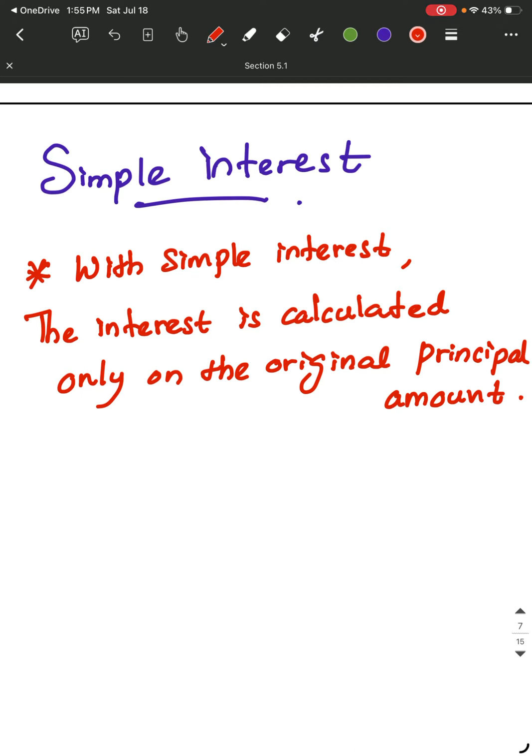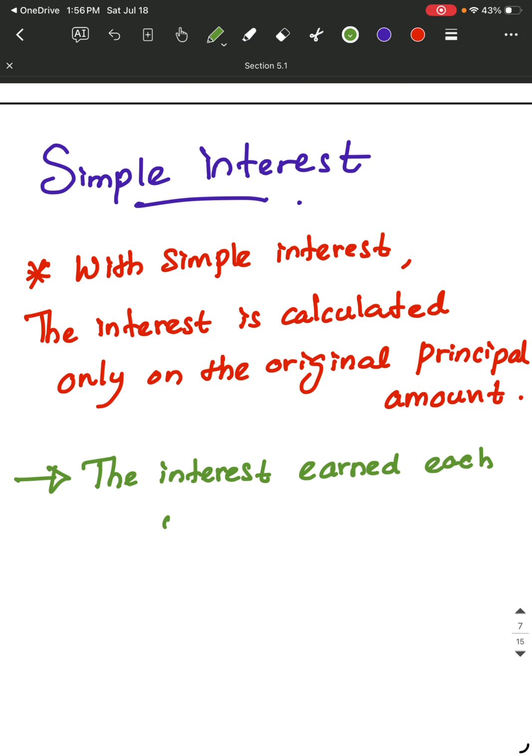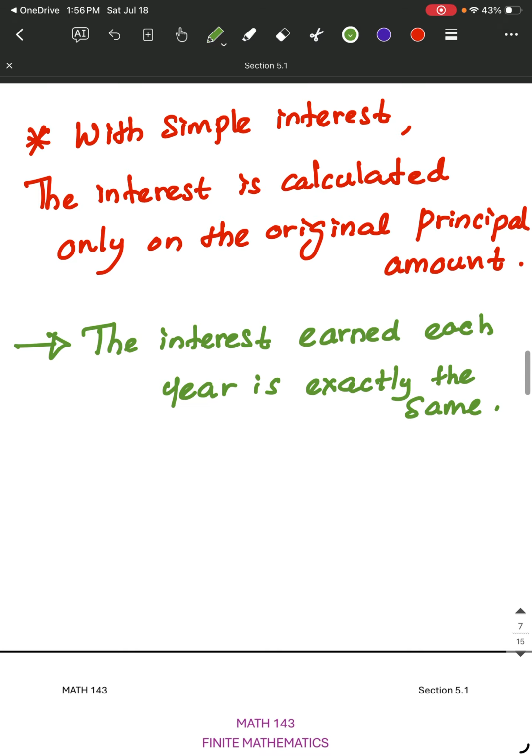So that means the interest earned each year is exactly the same. Every year you earn the same amount of interest.